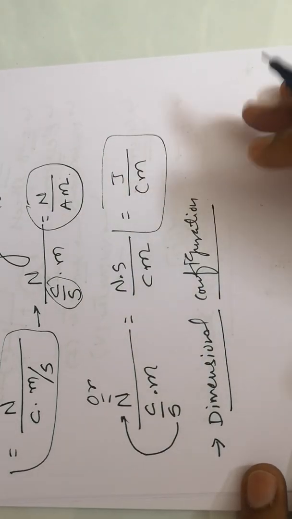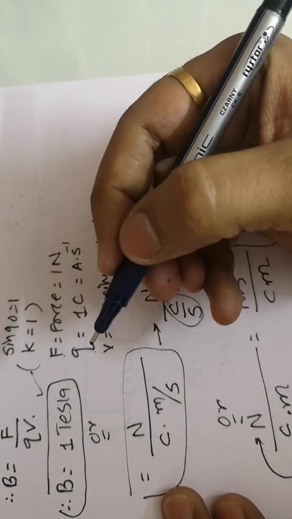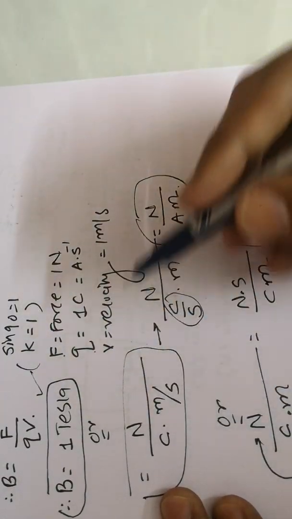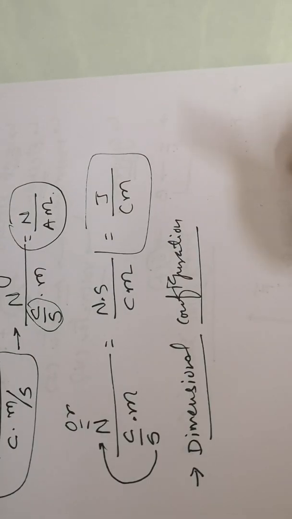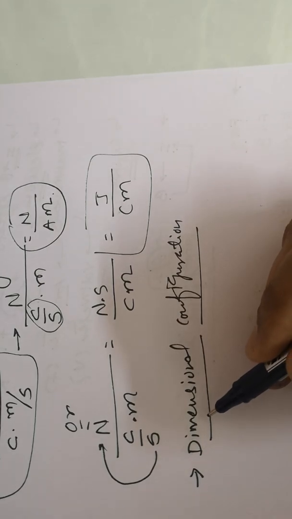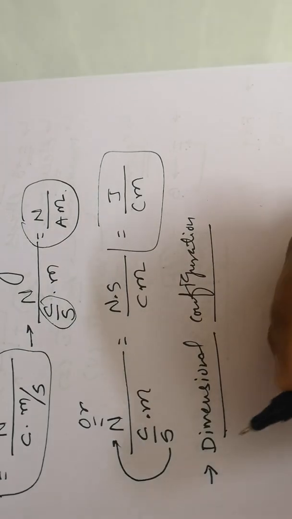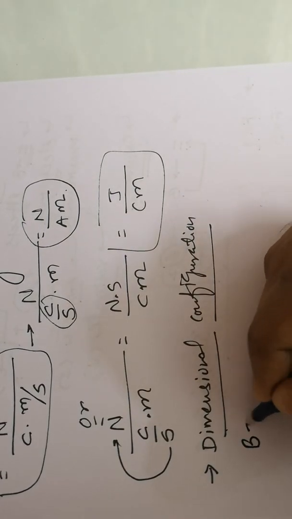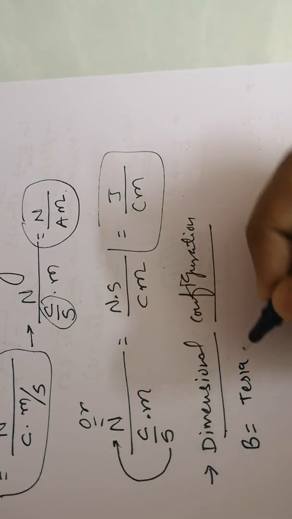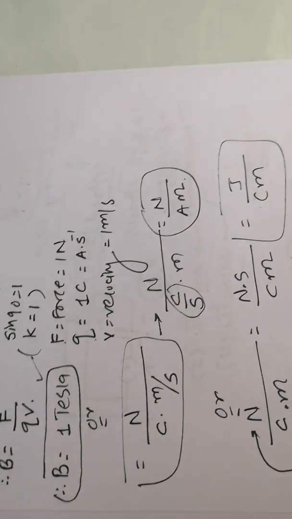So the dimensional configuration of our magnetic field, famously known as Tesla. We have Newton per ampere meter, then joule per coulomb into meter. Any unit you can use. We will also go to other types of units. Dimensional configuration of our magnetic field B, which has the Tesla unit. Friends, you are aware about the units Newton, ampere and meter.